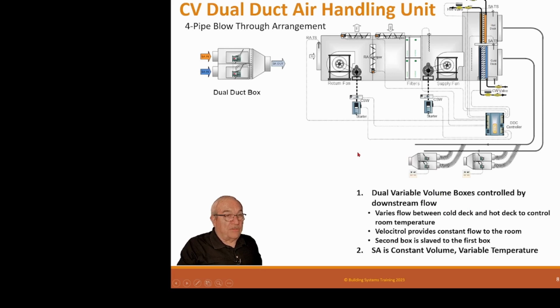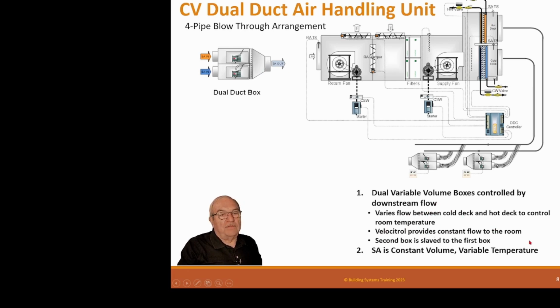Nowadays, in a modern VAV system, we put a pitot ring here, and it maintains this damper as reset by the room sensor. If you want a constant volume, you put your sensor down here, and now these will modulate to make sure that pressure doesn't change based upon where the temperature sensor is in the room. So it varies flow between cold deck and hot deck to control the room temperature.